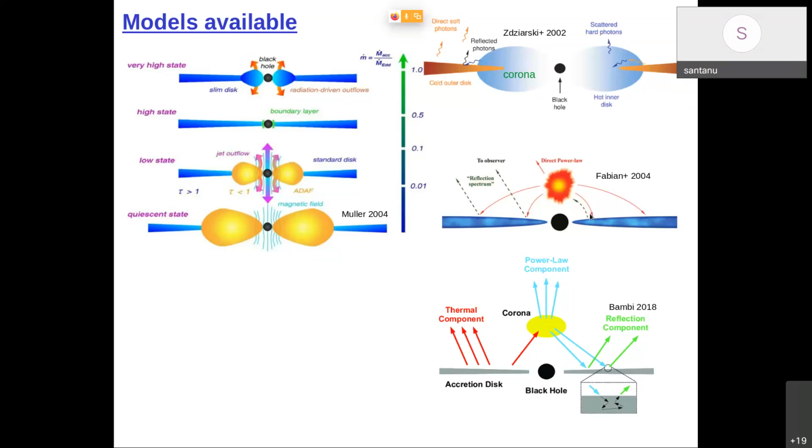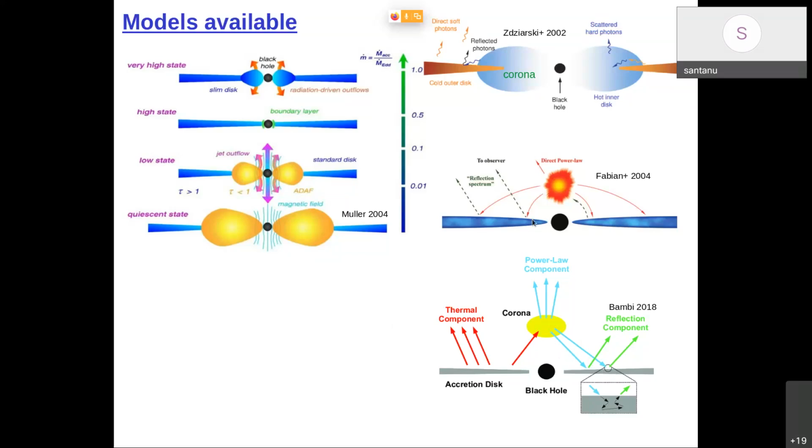Also, there are models which consider that this hot corona can be situated above the disk, so that can also generate the power law component. In the bottom right panel, you can see that along with the disk and corona, when the corona's hard photons are scattered by the disk component, they can also get absorbed and produce different lines. These are microscopic features. So we'll also talk about that.